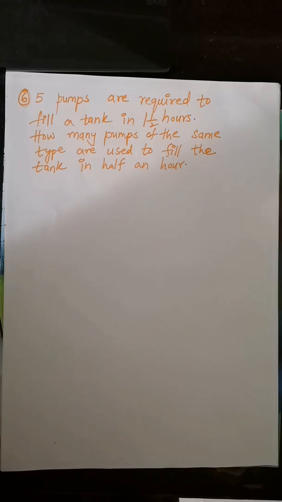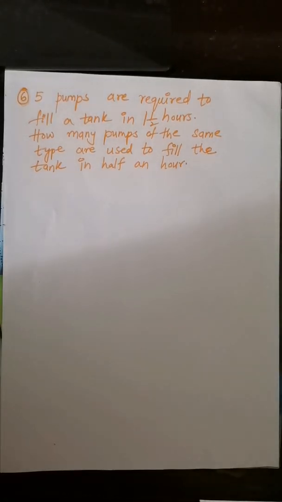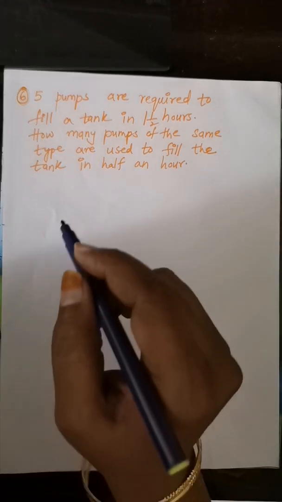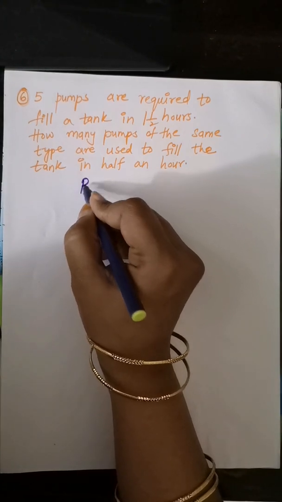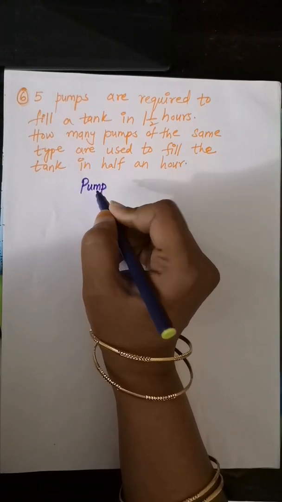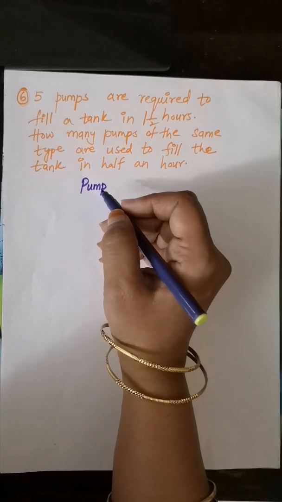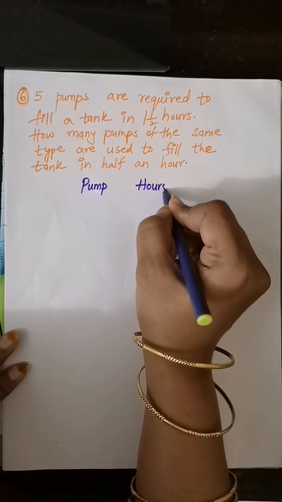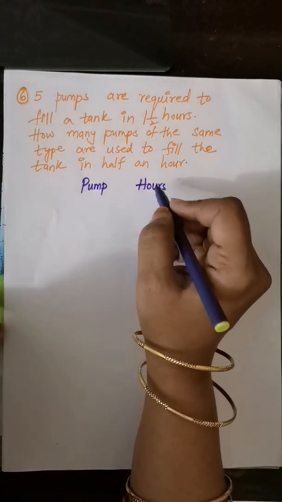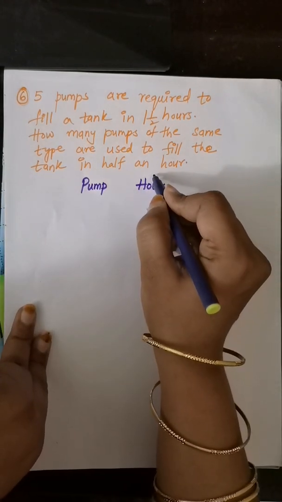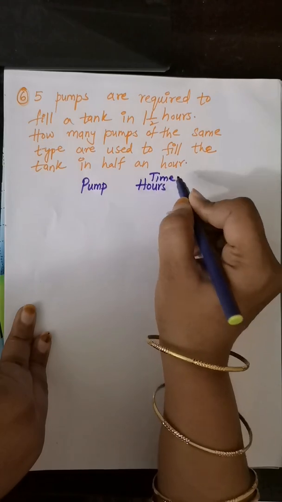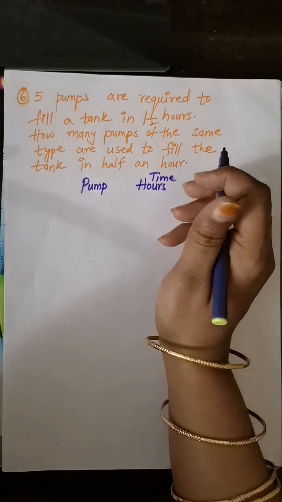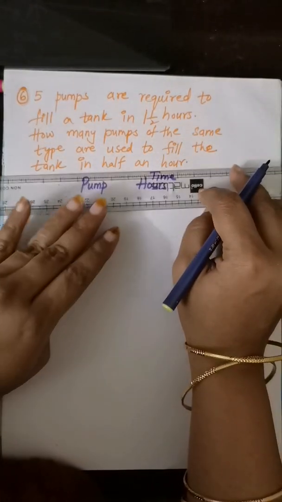So the number of pumps will increase, children. If you are filling the tank in half an hour, the number of pumps has to be increased. So we can take two things, pumps and the time taken to fill the tank.